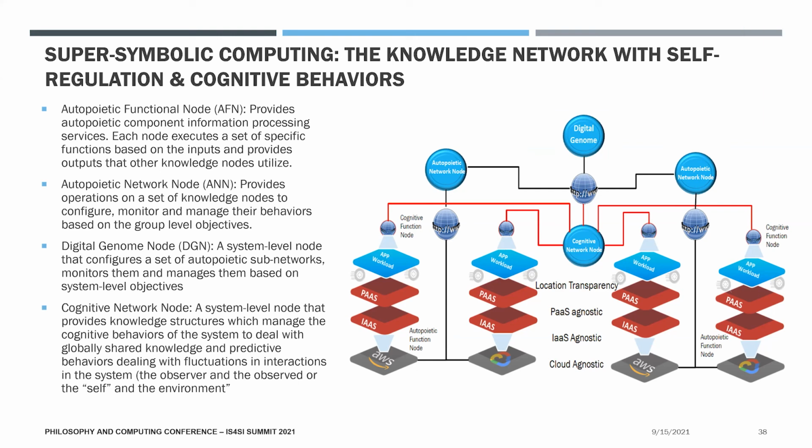Yeah. So essentially, autopoiesis involves replication. For example, this digital genome here has the whole application, the complete application knowledge. And this essentially can replicate itself and activate only some portions of that gene.